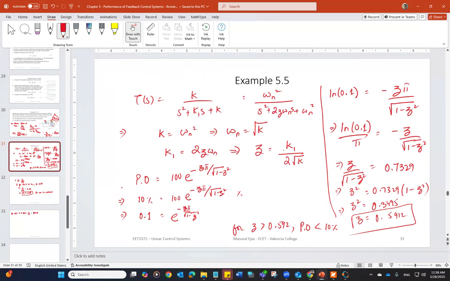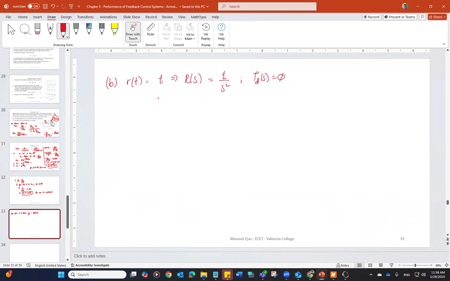This is our transfer function, K over S squared plus K1 S plus K. And the error, Es, is Rs minus Ys, or 1 minus the transfer function times Rs.